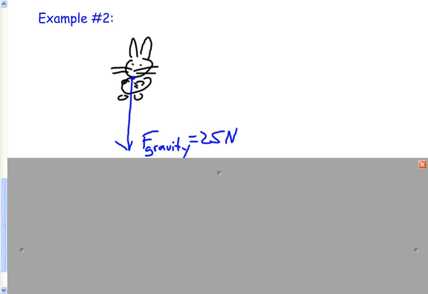But this time, let's say more realistically that there is some air resistance. So we're going to draw a force up due to air resistance. If you've heard about terminal velocity, it starts to be related to the stuff we're talking about right now, but I won't get into that. Let's say the air resistance is 10 newtons.